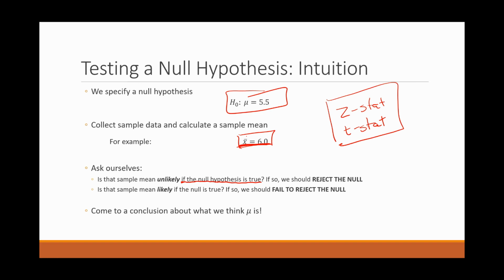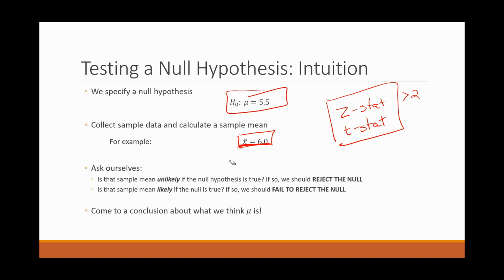Remember when I said that if we have a z-stat greater than 2, but especially greater than 3, it's super unlikely? If a z-stat is really big, that would mean the value that we measured is really unlikely. That's where we're picking up here.